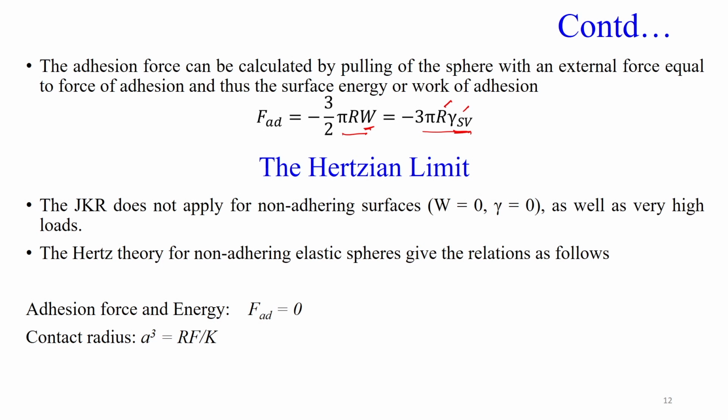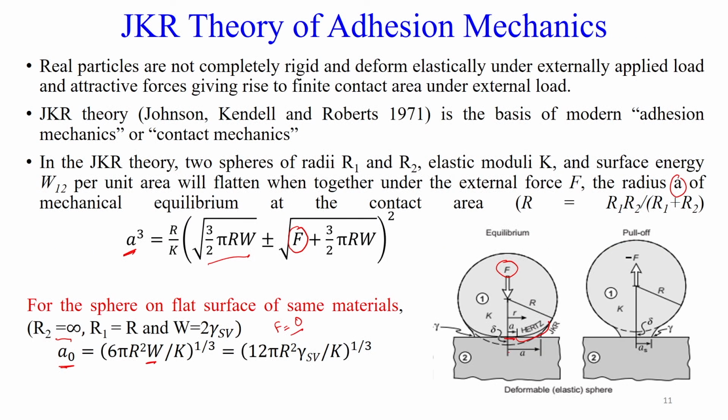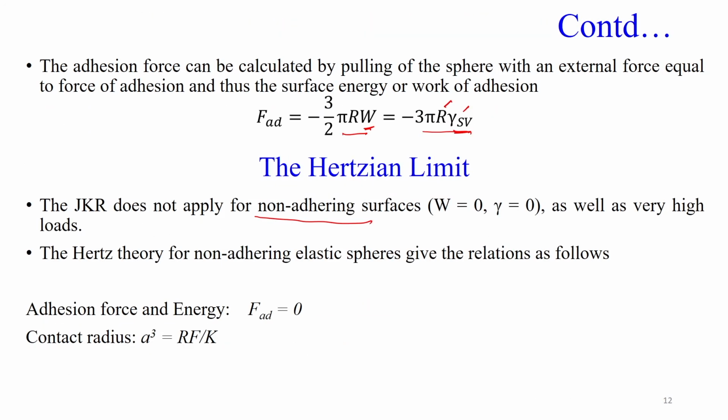Now, as I told, the hard surface considers there is no adhesion, meaning only very small adhesion, and in this region there is no adhesion between the sphere and the solid flat surface. So, if it is not adhering, the work of adhesion will be 0 and γ will be 0, so we say the adhesion force is considered to be 0.